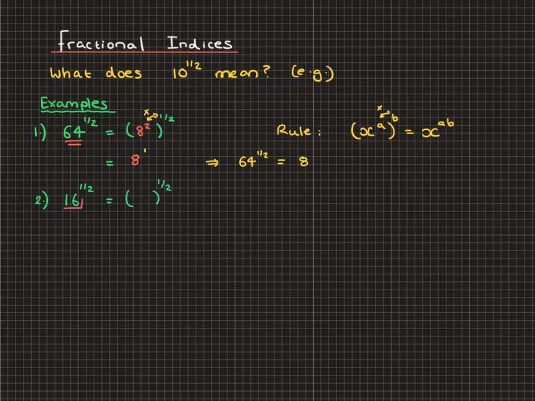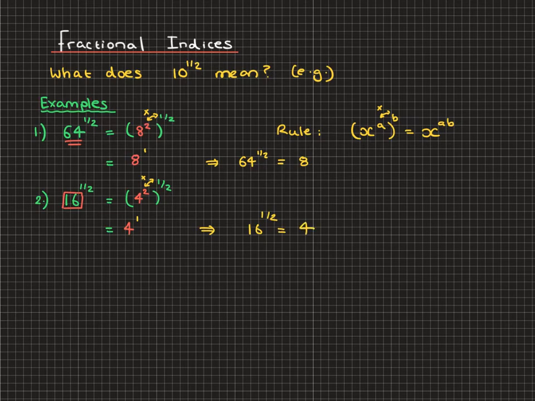Instead of 16, I'm going to write that as 4 squared. This all has to be raised to the power of a half, and I have the situation again where I have a power of a power. I need to multiply the indices, and that gives me 4 to the power of 1, because 2 multiplied by a half is 1. So I now know that 16 to the power of a half equals 4.